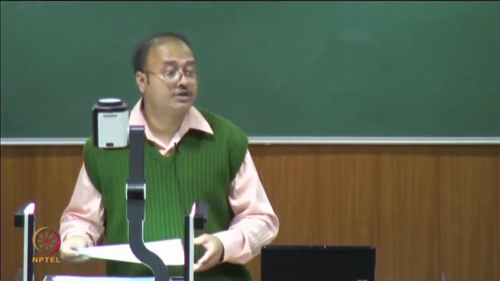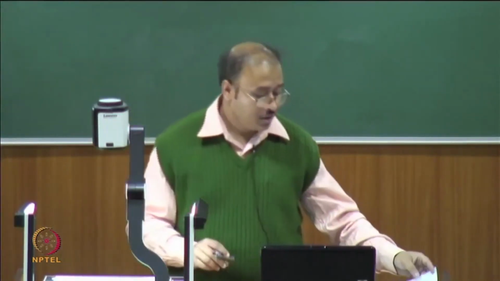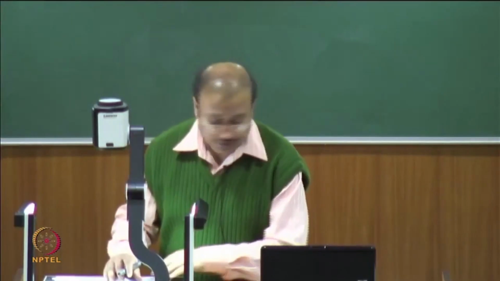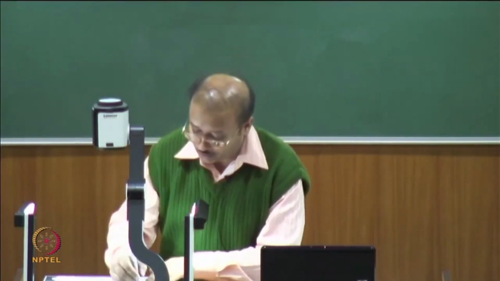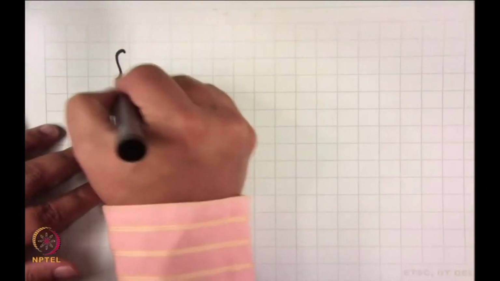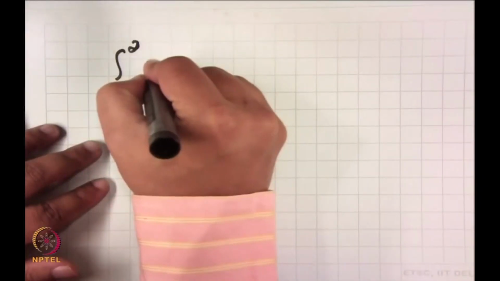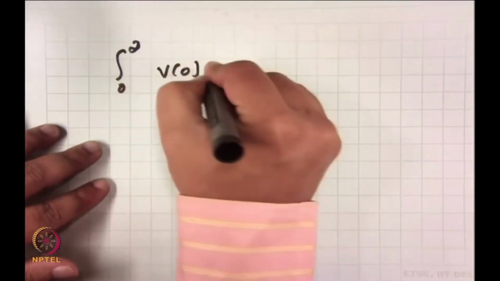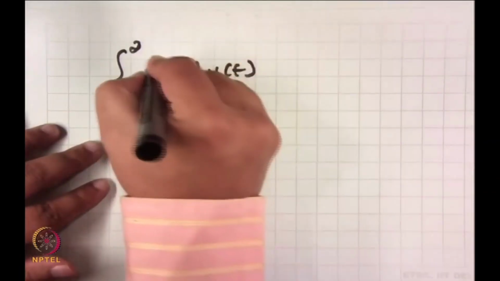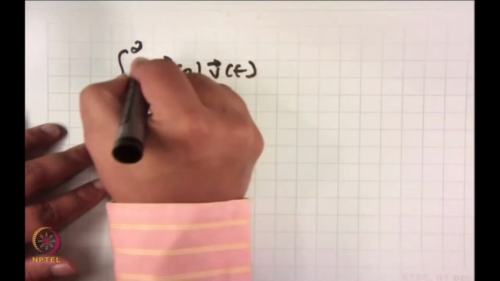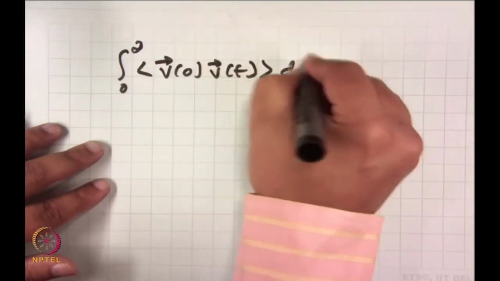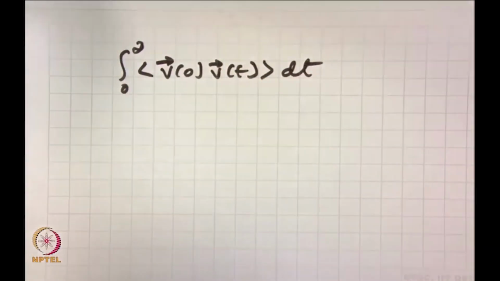Now, remember velocity is a vector quantity. Okay. So, instead of taking this equation 8, what I would do now is do this integration of v(0) v(t), but here these are vector quantities. Now, without doing any actual calculation, can you tell me what we should get?